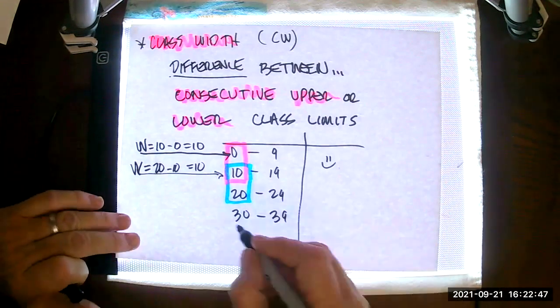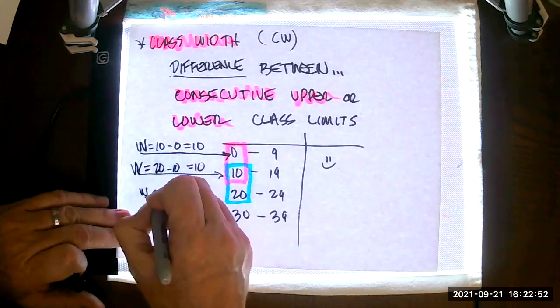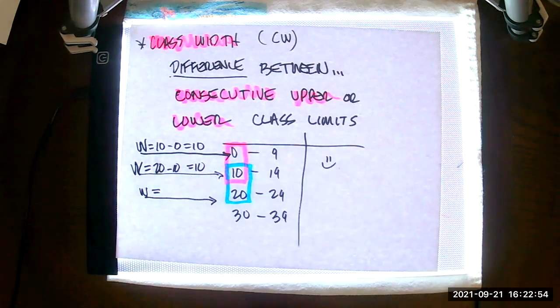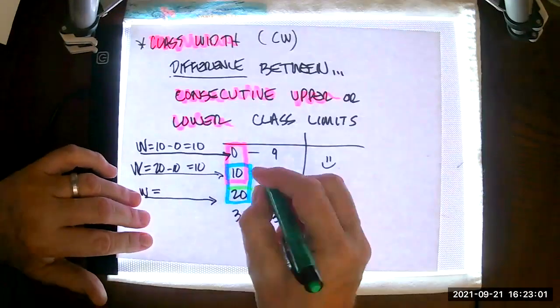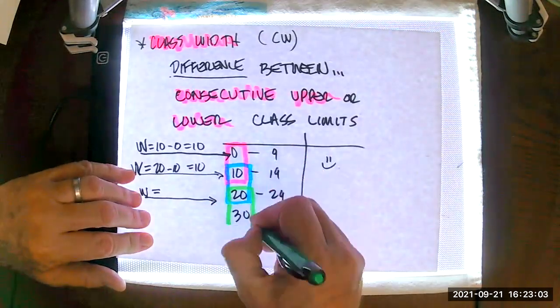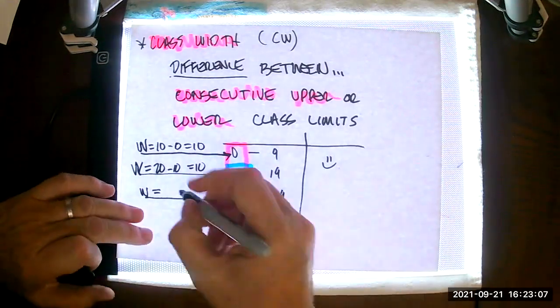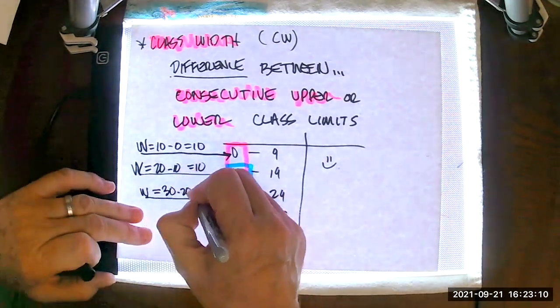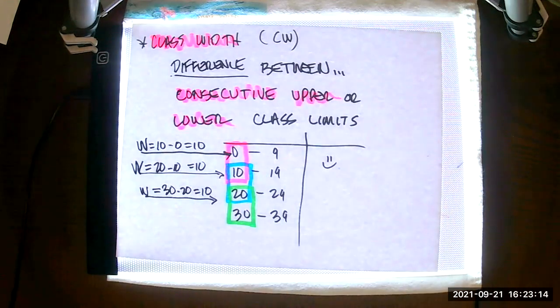So now when I get to the third class, again, I'll use consecutive lower class limits. So I've got 30 minus 20 or 10. And then we come to the reason for the kind of bifurcated, if you will, definition.